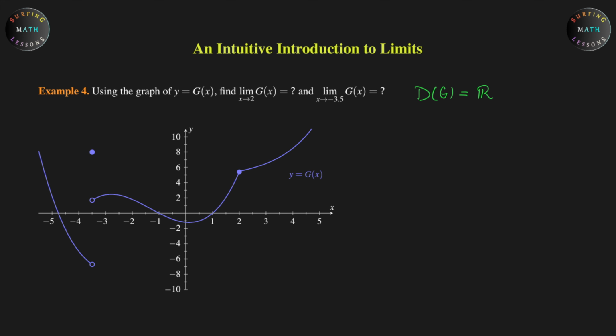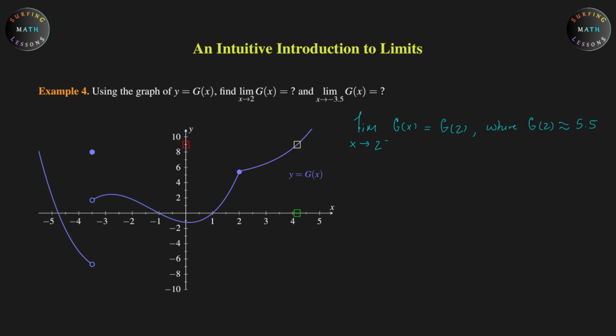Let us first find the limit as x clusters around 2. As x approaches 2 from the left, we see that g of x gets closer to the y-coordinate of this blue dot, which is exactly the value of g of x at x is equal to 2. Hence, g of x approaches g of 2 as x approaches 2 from the left. We can estimate that g of 2 is around 5.4 or 5.5 from the information given by the problem.